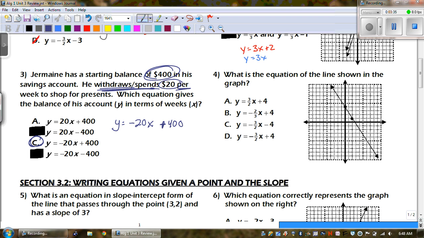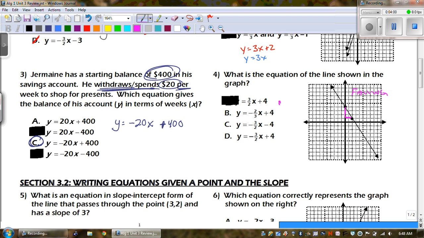Number 4, what is the equation of the line shown in the graph? First thing I want to know is, is it rising or is it falling? It's falling. If it's falling, it's going to have a negative slope, which means I can get rid of A. Now, what is my falling slope?